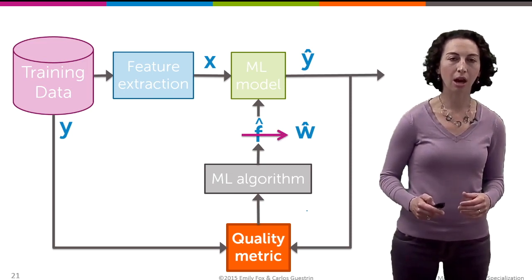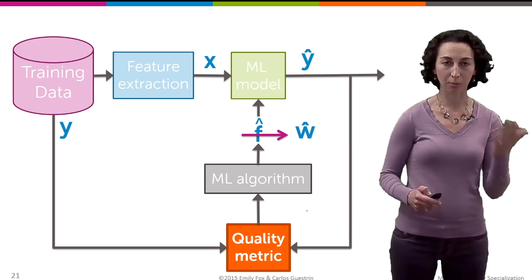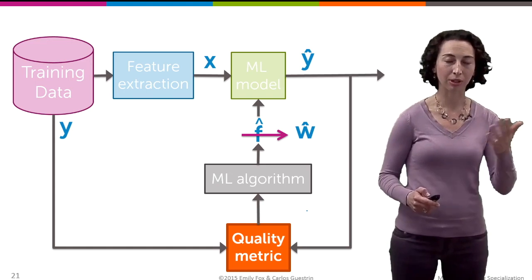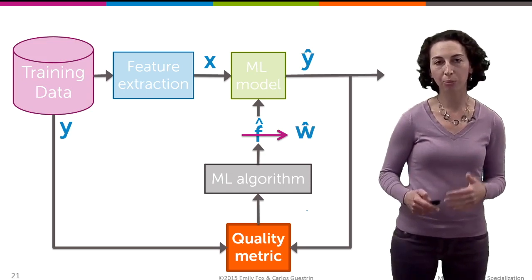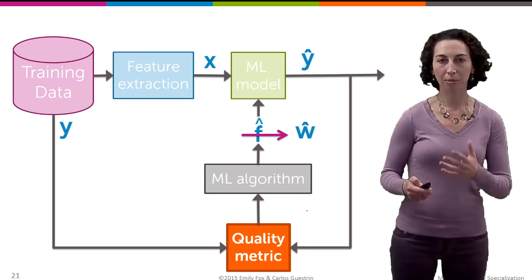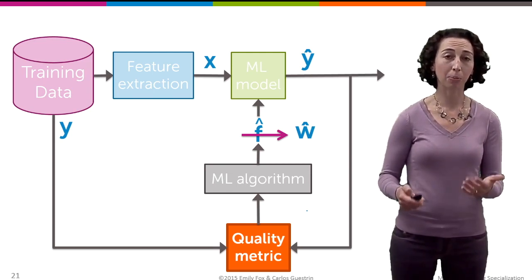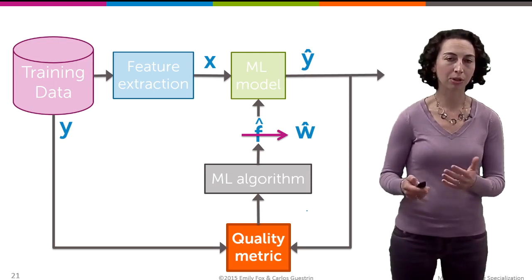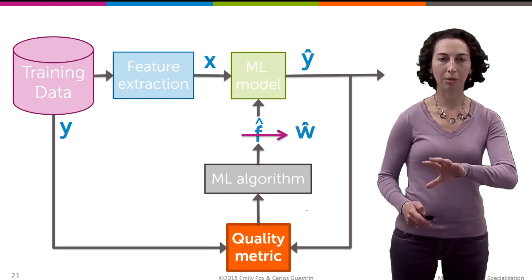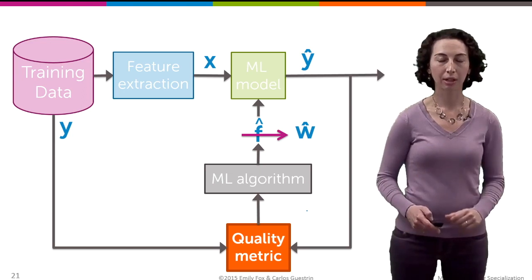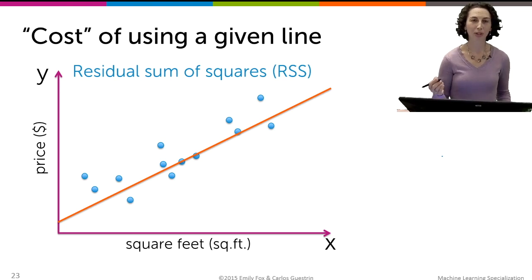And in this case, now that we've mentioned that our function is parameterized in terms of some parameters we're calling W, that represents W0 and W1, our intercept and our slope, we know that when we're going to predict house values, instead of talking about f hat, our estimated function, we can talk in terms of w hat, our estimated parameters, because those estimated parameters fully determine our estimated function. So we're going to modify this block diagram and replace f hat now with w hat and talk about estimating these parameters w. So what's the cost of using a specific line?